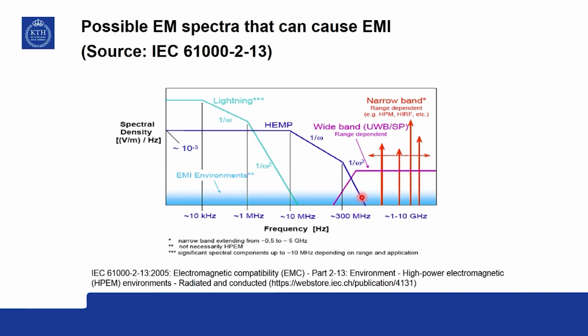Then narrow band, high power microwaves, high intensity radiated frequencies, etc., come here in small narrow bands or very wide band, single narrow pulses can come over here.